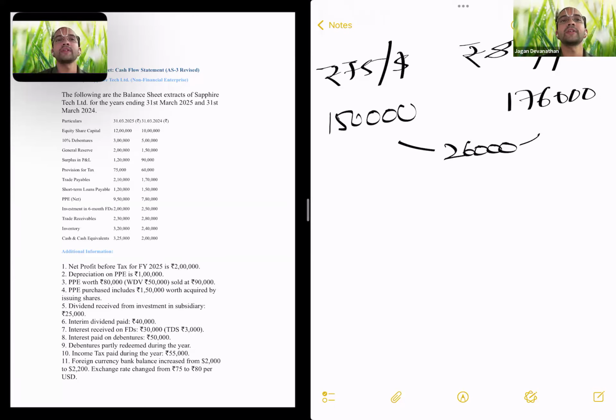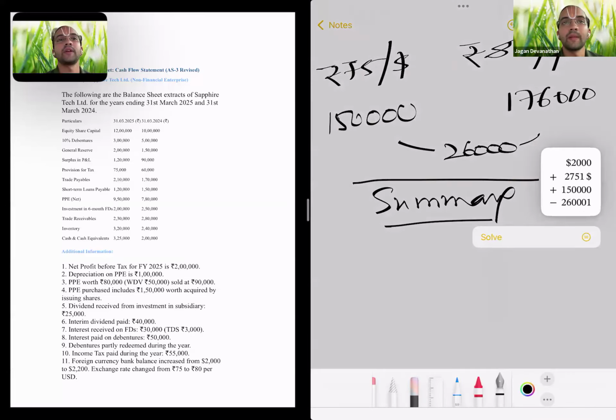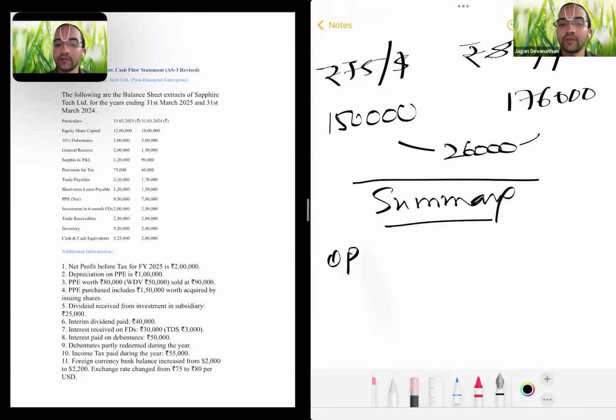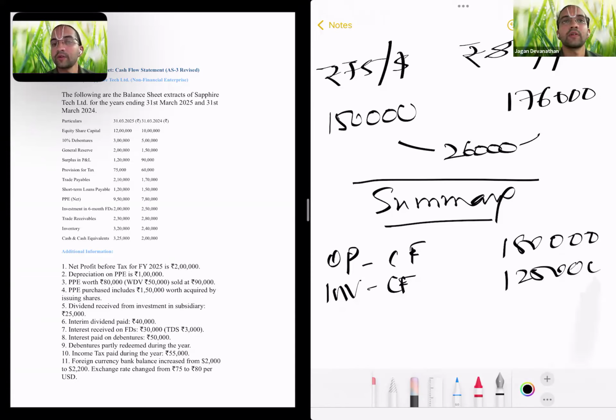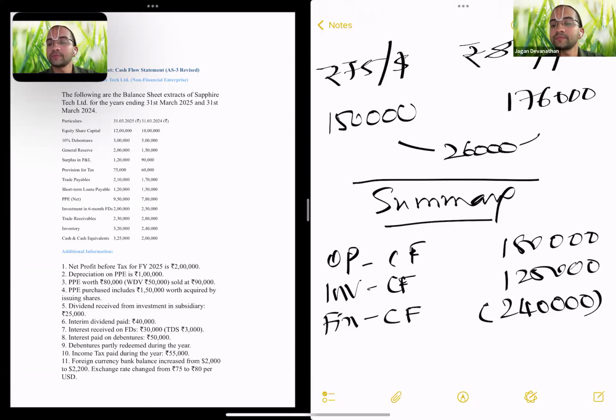Now let's summarize. The summary is very simple. Operating cash outflow is how much? 1,80,000. Investing is how much? 1,25,000. Financing is how much? Minus 2,40,000. Now, net increase is how much?